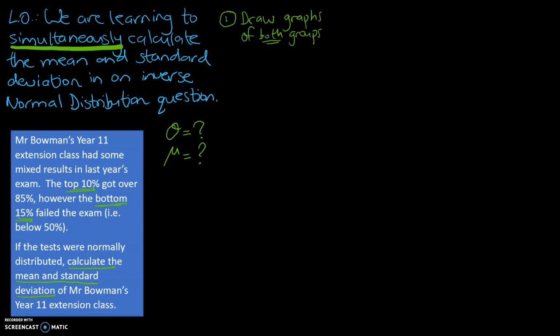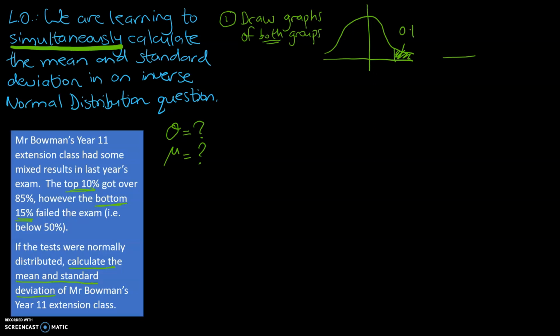So during the question, I underlined something about the top 10% and the bottom 15%. We're going to draw separate graphs for both of those groups. So there's our first normal distribution curve, and that relates, circling the question now, that relates to the top 10%. And that area on the right tail, the top 10%, would be 0.1.